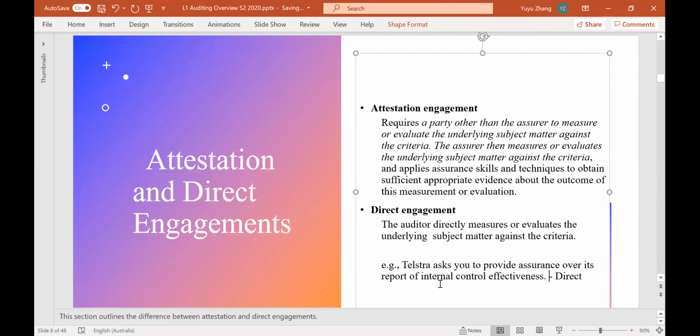So in this case, is this direct or attestation? Attestation, yeah. Assertion-based attestation, yes. So in that case, that is attestation. Okay, now it's clear, right?